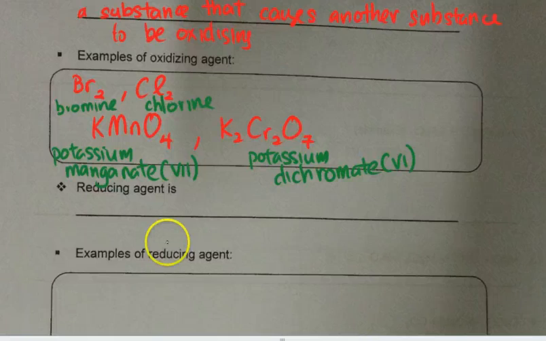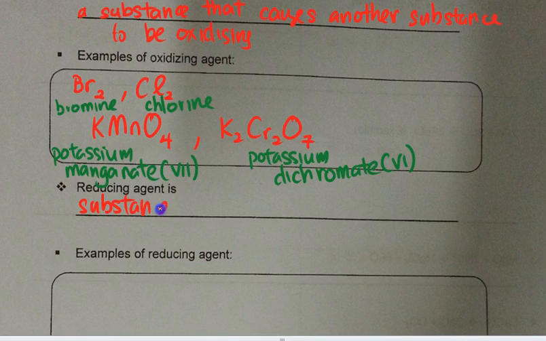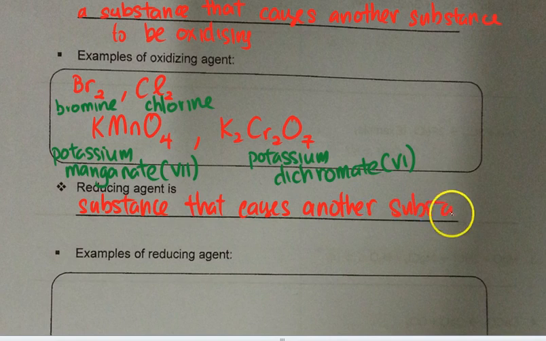So now, obviously, what is a reducing agent? It is the opposite of this. So it is a substance that causes another substance to be reduced. Okay, so what are some of the examples?